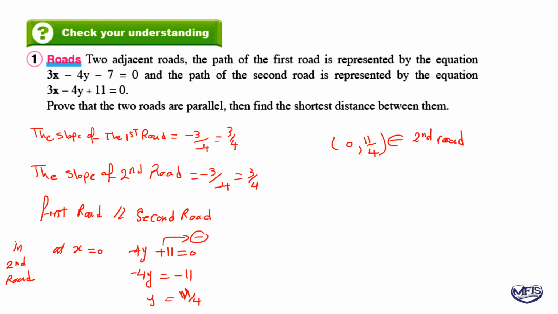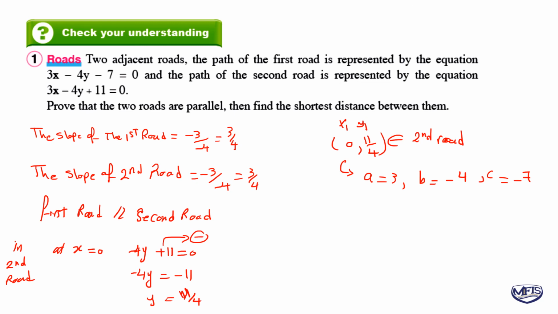And from this point we want to get the distance to the first road, whose equation is 3x minus 4y minus 7. So a equals 3, b equals negative 4 and c equals negative 7. So we have here the point represented by x1 and y1.